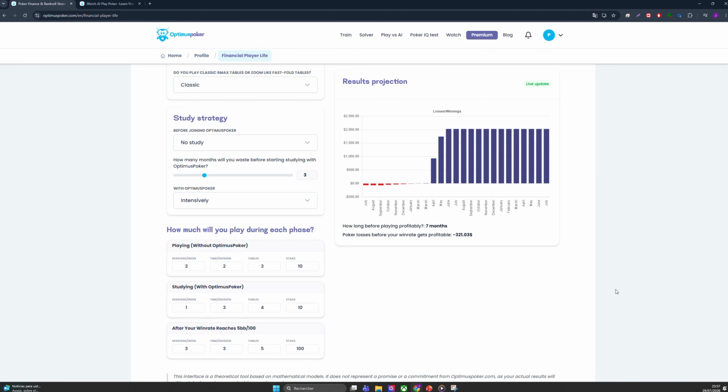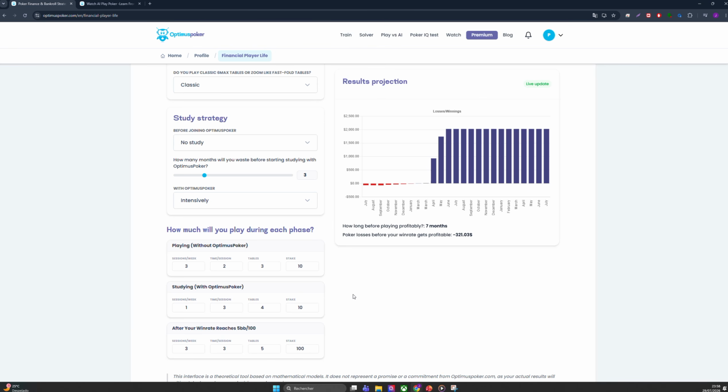But nowadays, GTO solvers, training websites like OptimusPoker.com with modern technology, mathematics behind, this is the nuts. So once you acquire this kind of technical skills and this kind of level, you can eventually pretend to become a profitable player. And so let's see the final example, the professional poker player.